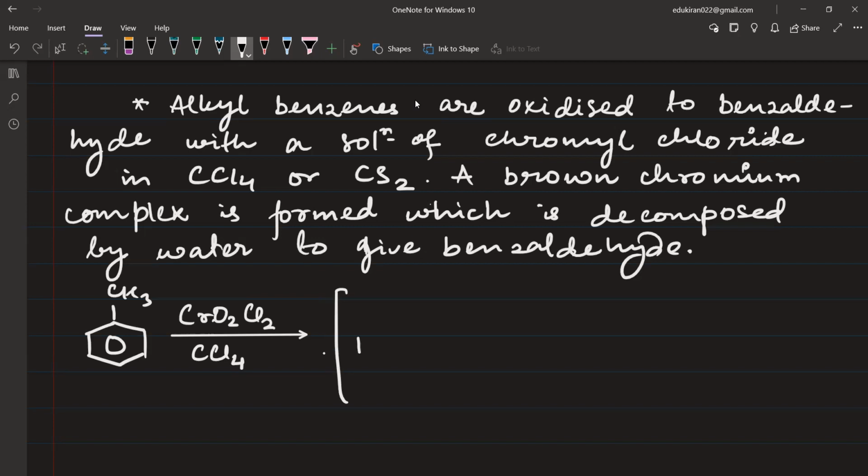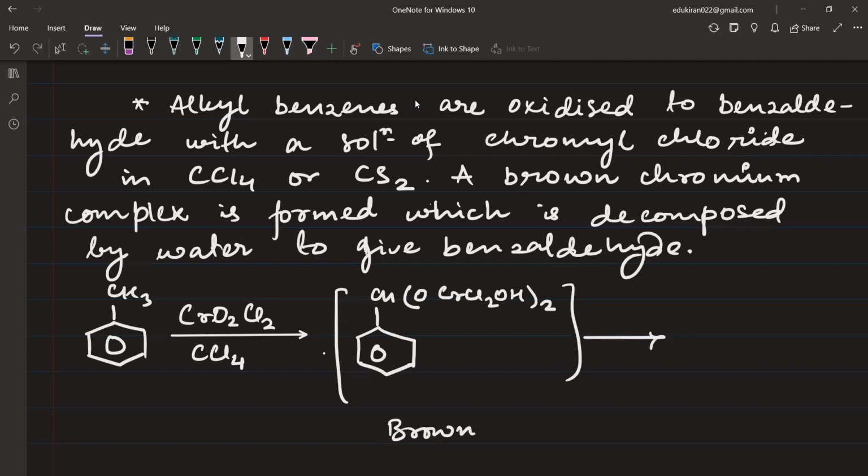The chromium complex looks like the benzene ring as it is, with CH in bracket, OCrCl2OH whole twice. This is brown in color. On the addition of water, it is going to give you benzaldehyde.